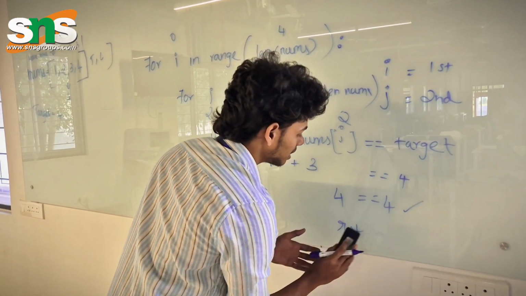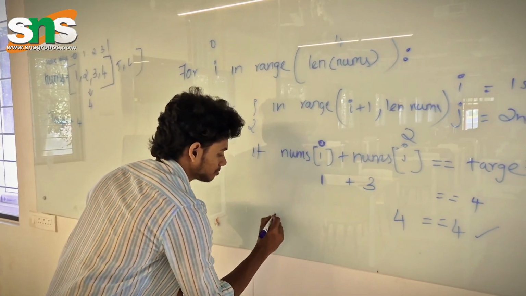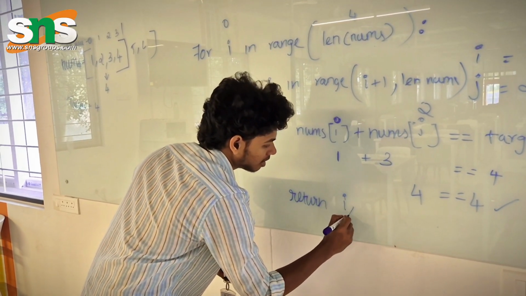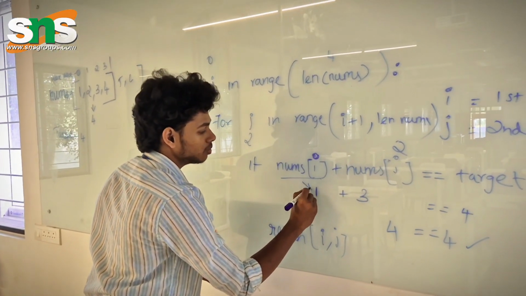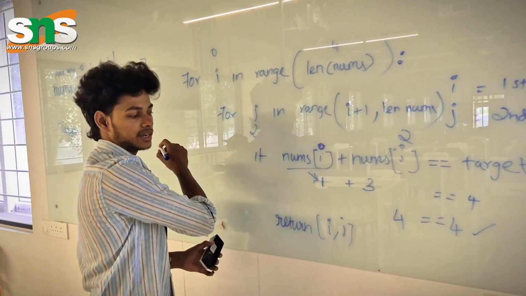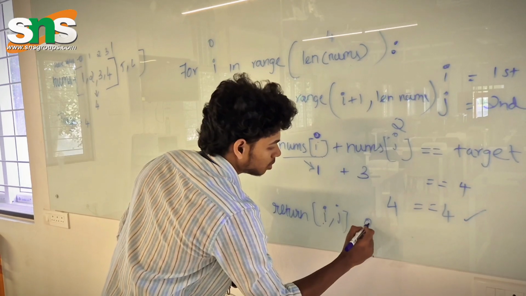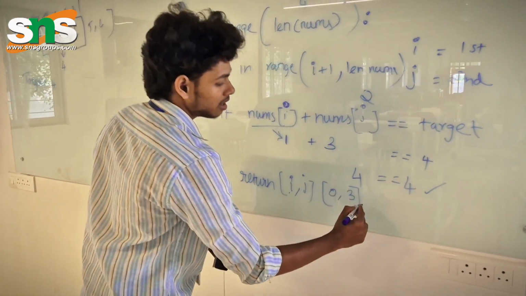So it will return not the integers that we took, but the index values: return i, j. Nums of i means the value and i indicates the index value. So we will return the indexes, that is 0, 3. This is how we return the output.